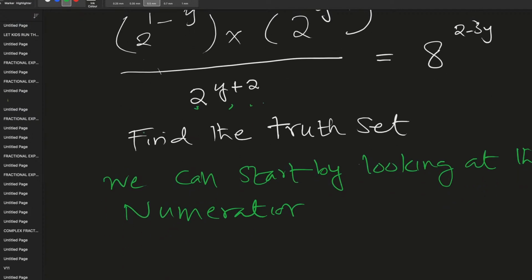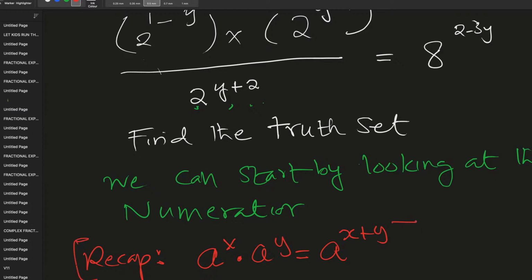Now, when we look at the numerator, first and foremost, I want us to remember this rule, to recap: if we have a raised to the power x multiplying a raised to the power y, it always gives us a raised to the power x plus y. This is a no-brainer. We can't do without revamping our knowledge of this kind of equation.